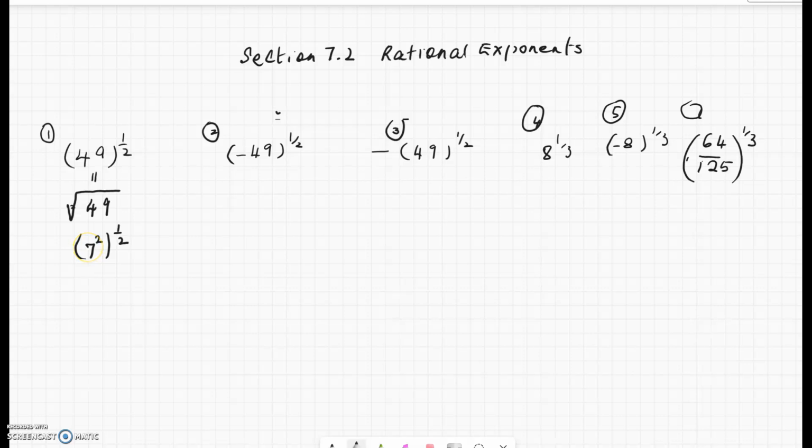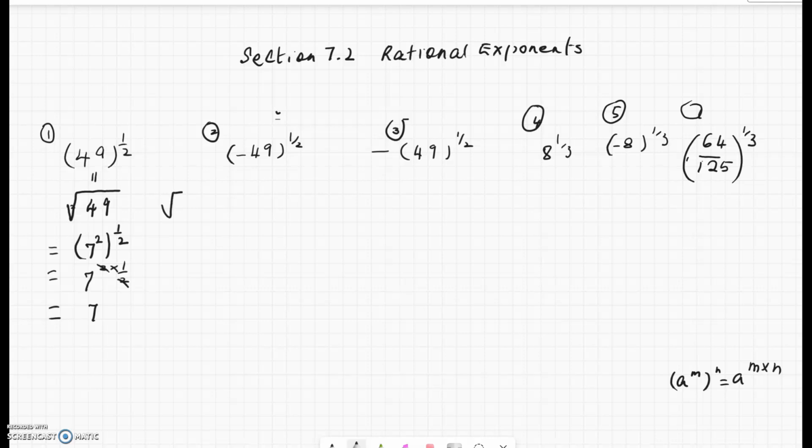Now, the rule of exponents says a to the m, whole to the n, is a to the m times n. The same rule works for rational exponents as well. Rational is fractional. So that would be 7 to the 2 times half. When you multiply, the two cancel each other out and you get 7 to the 1.